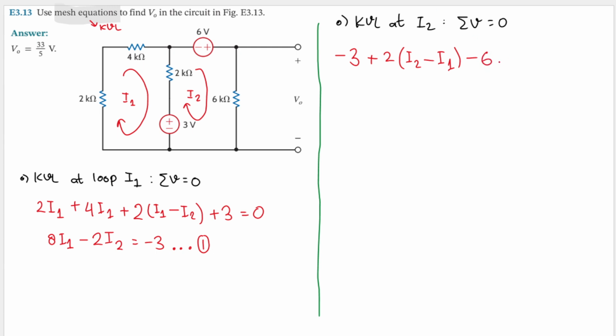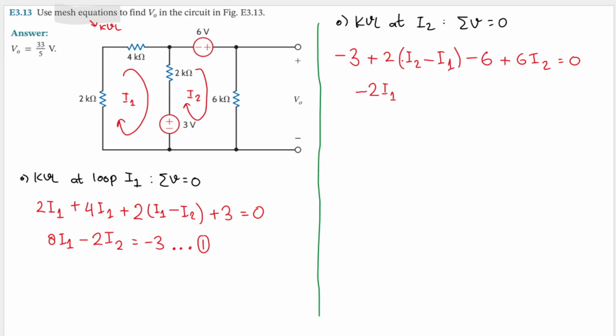Okay. And then one more component. We will have that 6 kilo ohm resistor, and the only current that passes through it is I2. So we'll have 6 I2. All of that will equal 0. And then let's do some simple math here. I1 only comes from here, so we'll have minus 2 I1.